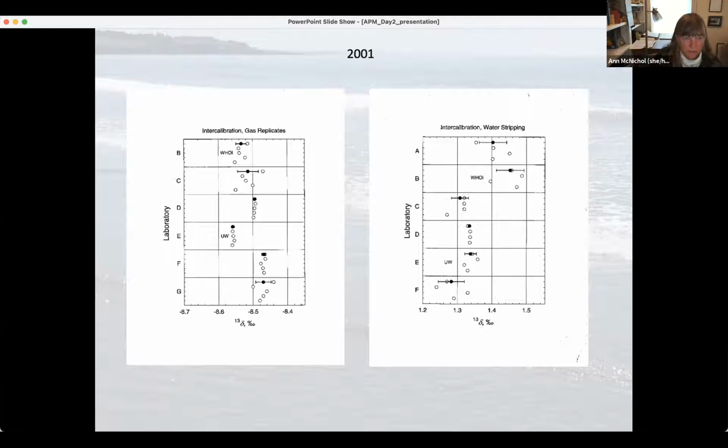And you can see that there's much better agreement in the gas replicates than in the water stripping replicates, which is not that surprising. There's a number of labs that are all very similar in the water stripping, and then a couple of us that are out here. This doesn't mean the data are bad. It just emphasizes the point that having a standard to calibrate to would make the results that we get going forward much better.